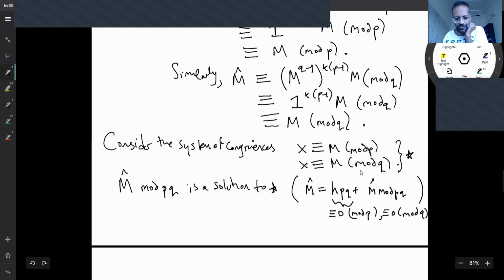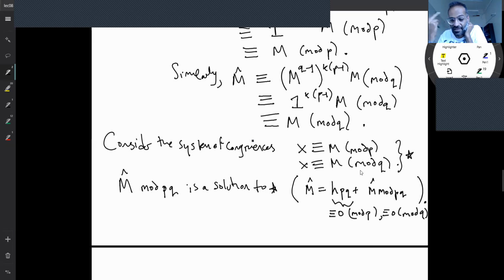Do you know any other solution to star? I mean, the one given by the Chinese remainder theorem. But do you know an even simpler one? If I asked you this question two lectures ago, I asked you to solve these equations.